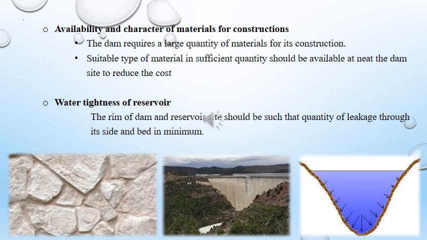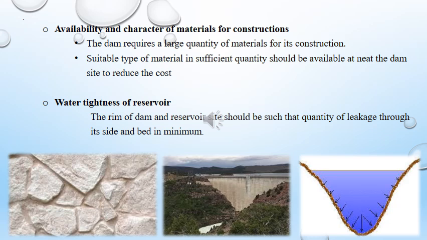And the other factor is the water tightness of the reservoir. So, the rim of the dam should be watertight up to the proposed elevation of the dam. The stored water should not be able to escape under the surrounding hills through cavernous rocks or other continuous pervious strata.